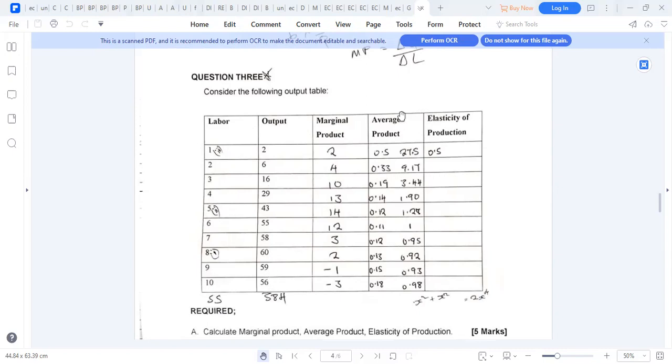So marginal product is simply the difference between the total output. So the first one is usually a dash, because it does nothing.